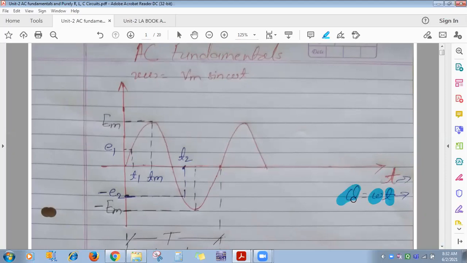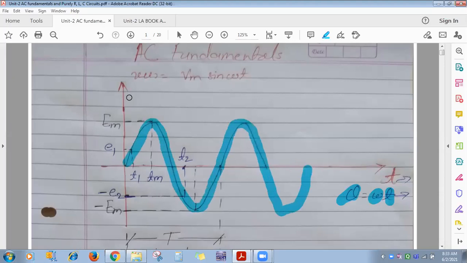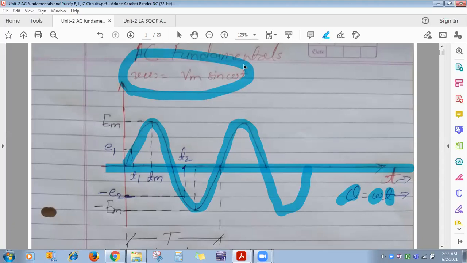Radian to degree you can easily convert: pi radian is equal to 180 degree. Using this relationship, you can convert radian to degree and degree to radian. This is the graphical representation of the single phase AC voltage, and this is the mathematical representation, V of t equals Vm sine of omega t, or I of t equals Im sine of omega t. This is the instantaneous voltage equation, and the instantaneous current equation.